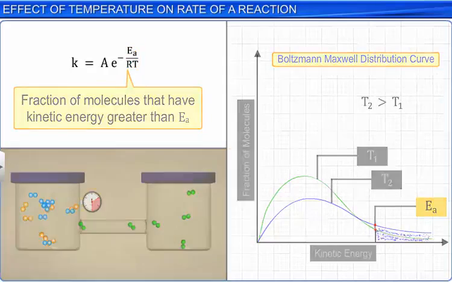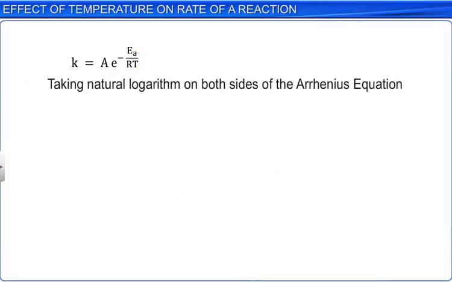Taking natural logarithm on both the sides of the Arrhenius equation, we get log to the base e of K is equal to minus EA by RT plus log to the base e of A. Let this be equation 1.